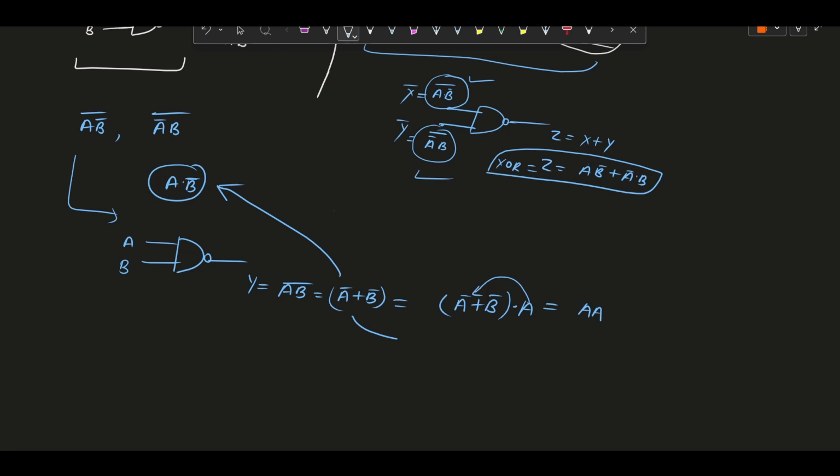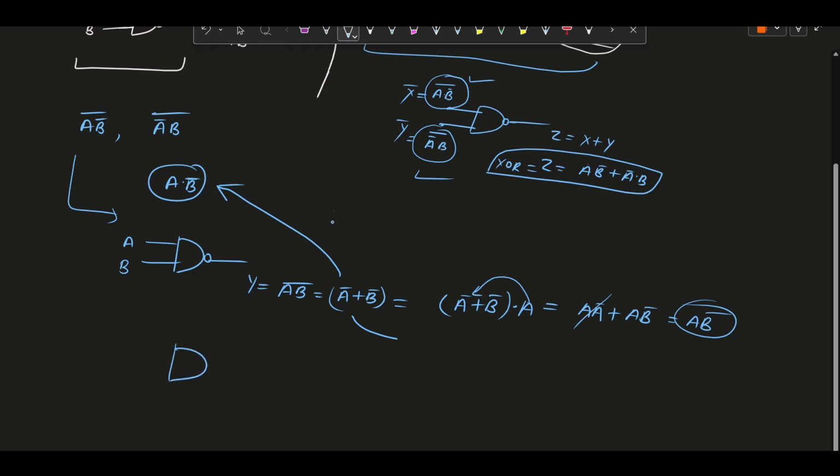What I am saying is, if you multiply this a into this whole term, we get something like that, and this a into a complement will cancel out and we will get a into b complement. That is all we are looking for.